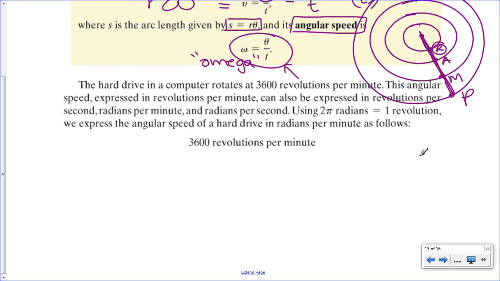So we have a hard drive in a computer that rotates at 3,600 revolutions per minute. Remember, one revolution is a complete turn, right? How many radians are in each turn? 2 pi. So if we want to know how many radians are in 3,600 revolutions, what should we do?